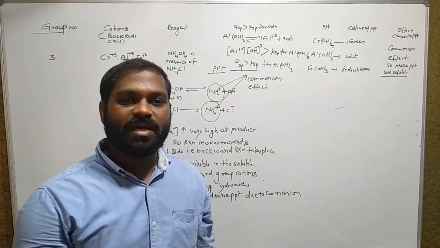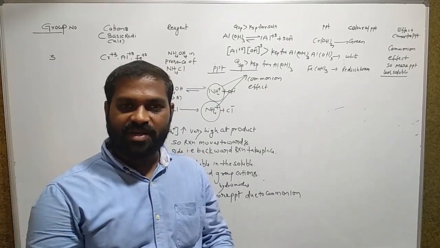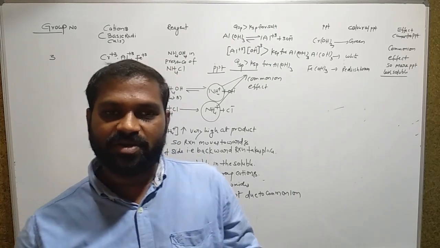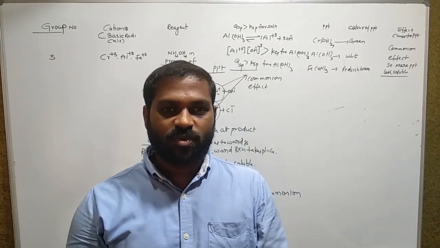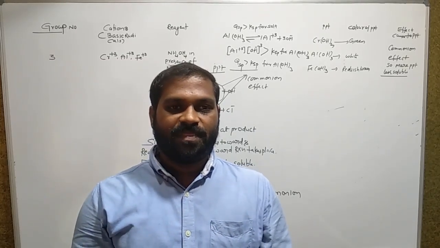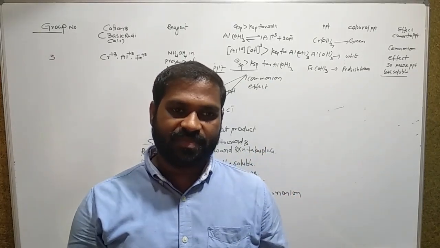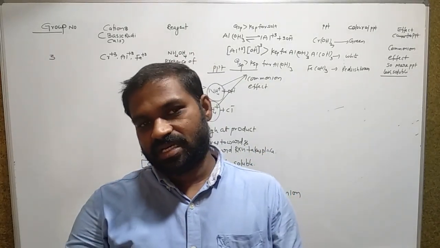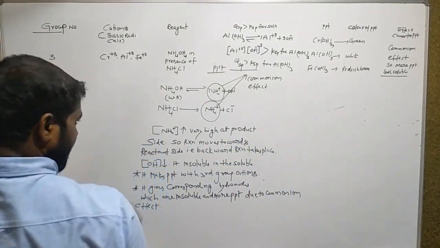In the second group analysis we add hydrogen sulfide and dilute HCl. Now again we filtrate and remove the second group cations by filtering. Now that filtrate we have.